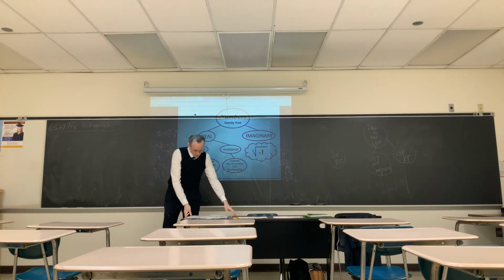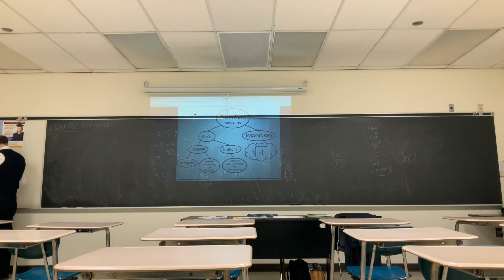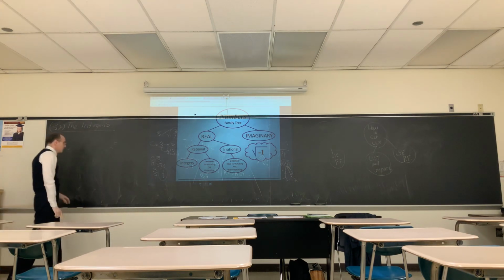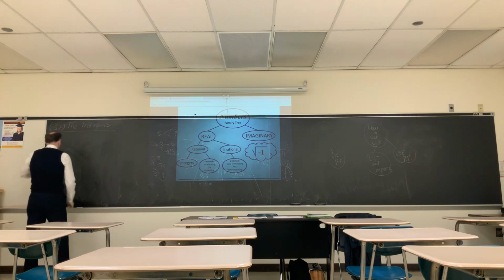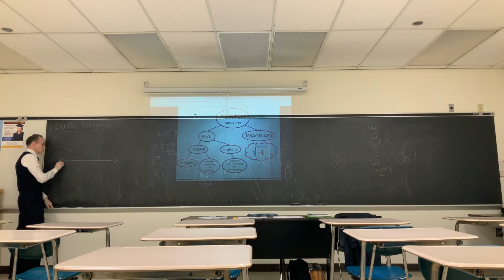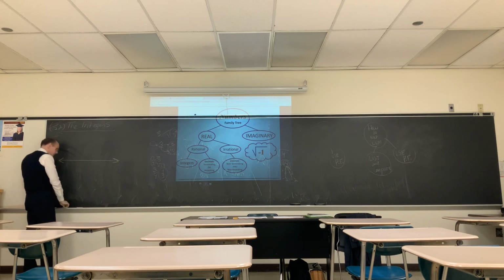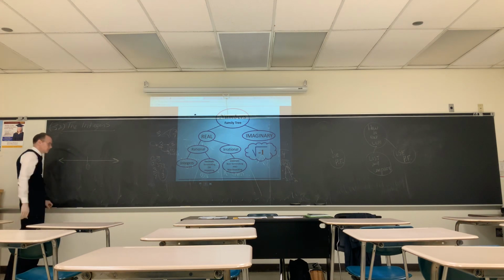Anyhow, since we're on the subject of integers, at this point in math they usually start drawing pictures. Draw a picture to summarize, right? Especially the integers. 0 is in the middle.